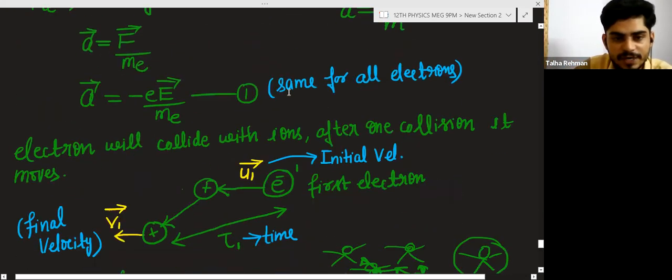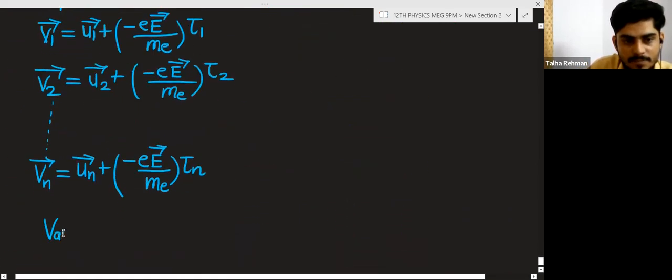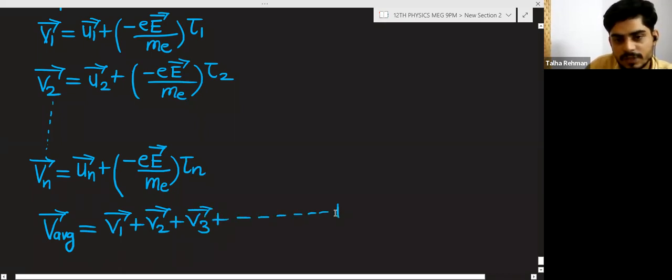If I want to find the final average velocity, this will become v1 plus v2 plus v3 plus, and so on, there are n number of electrons, divided by n.